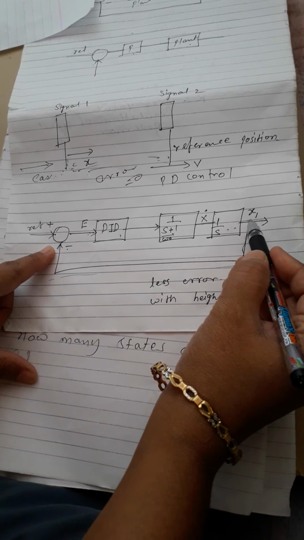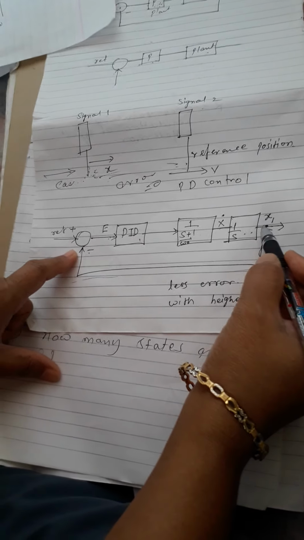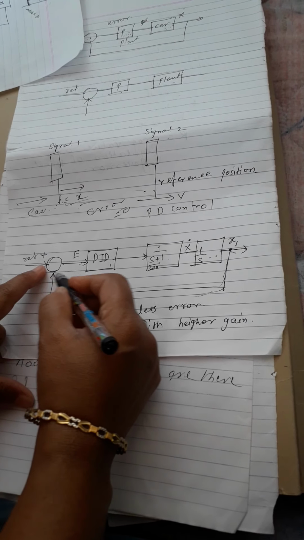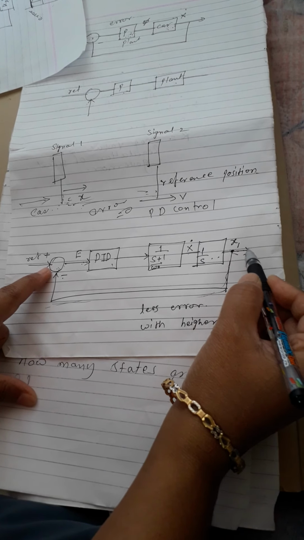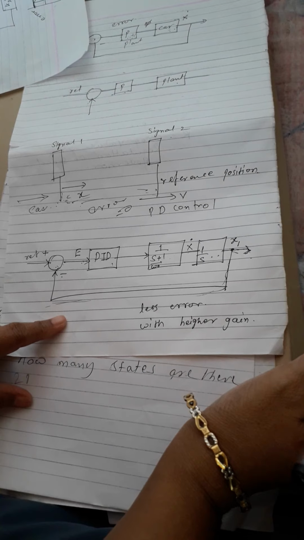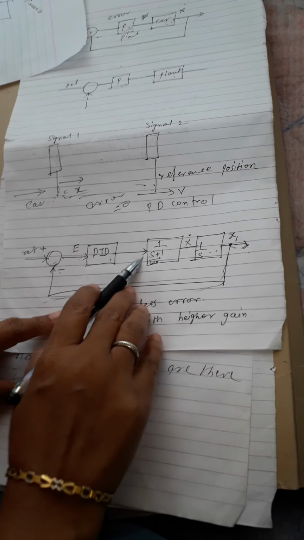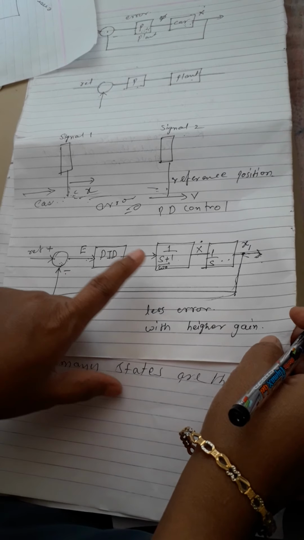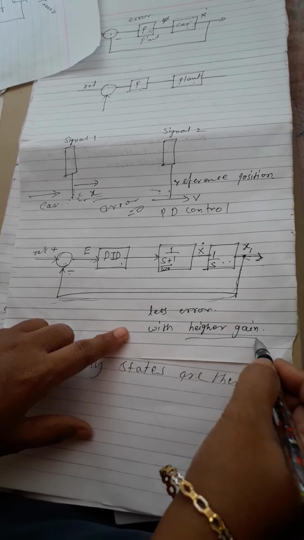For example, if I want 1500 speed and I don't get 1500 speed, again feedback is given to this reference point, it is adjusted again, and I will get the 1500 speed here. So they have used this transfer function in plant 1 and plant 2. If there is less error here, we will get a higher gain.